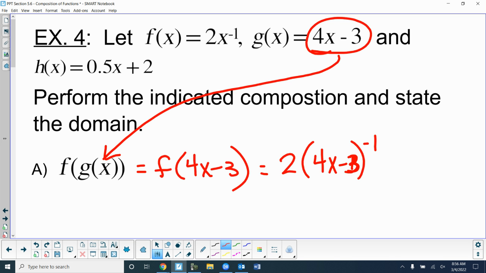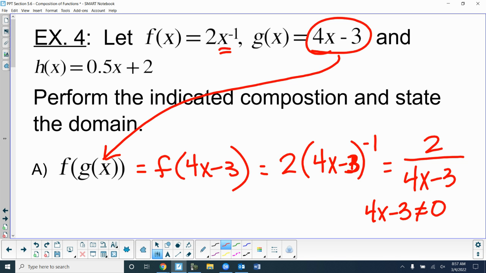So wherever I see an x in the f function, I put that 4x minus 3. So what does the negative 1 make that 4x minus 3 do? Go to the bottom. Can I factor anything? No. So we're done.